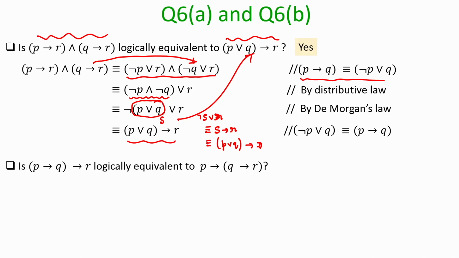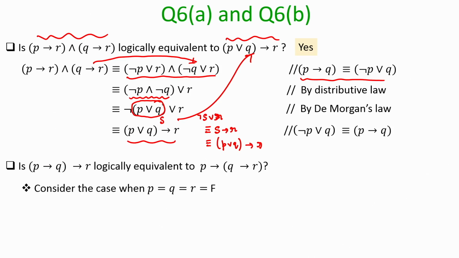The second part of this question is, we have to verify whether (P implies Q) implies R is logically equivalent to P implies (Q implies R). I have explicitly added the parentheses here, because the parentheses say in what order the implication is going to be applied. Okay.